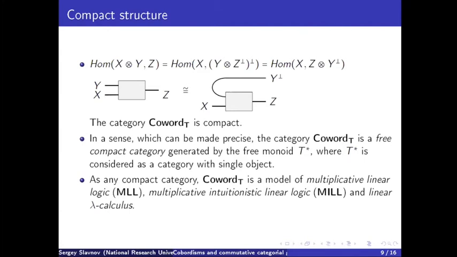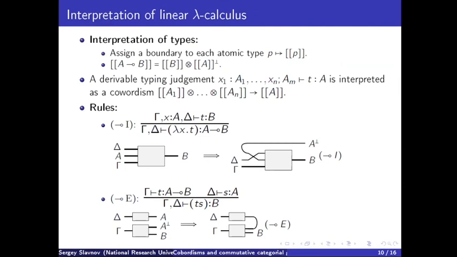And this allows interpreting logic grammars or defining logic grammars. So here's a picture of how linear lambda calculus is interpreted. So we need to assign to each atomic type a boundary.